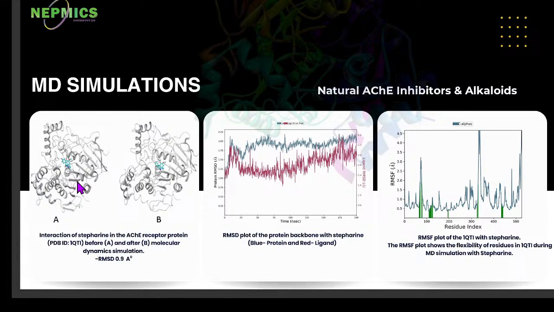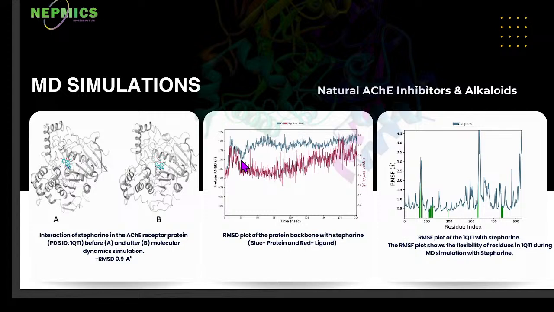In the middle of this slide you can see the RMSD plot. In this plot, the red line illustrates the RMSD of the ligand, and the blue one signifies the protein RMSD throughout the simulation up to 200 nanoseconds. There has not been too much fluctuation, but you can see a slight deviation up to 2.5 angstrom. In molecular dynamics simulation you can expect this result.